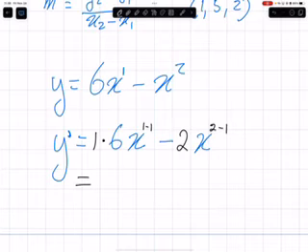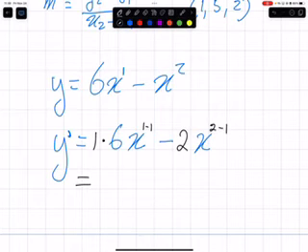So what is the final answer? 1 times 6 is 6. What is x to the power of 1 minus 1? x to the power of 0. And x to the power of 0 is 1. So technically it's 6 times 1, and 6 times 1 is 6.